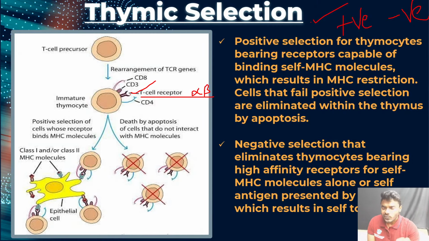I told you, right? In the positive selection, I am a T cell, and I am allowed to recognize the self-MHC. Whenever I am allowed to recognize the self-MHC, I have to recognize the self-MHC compulsorily. There is no doubt about it.